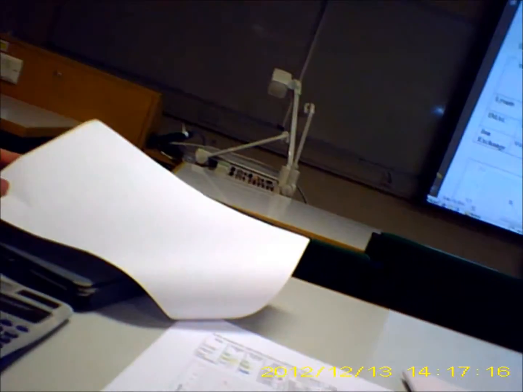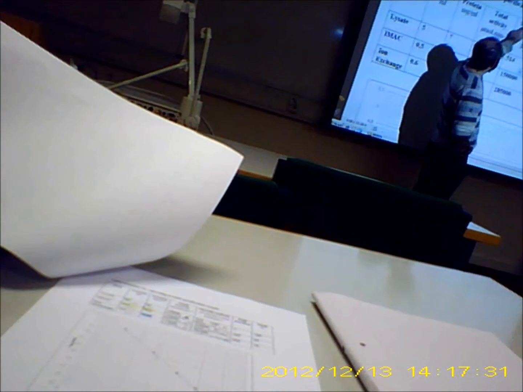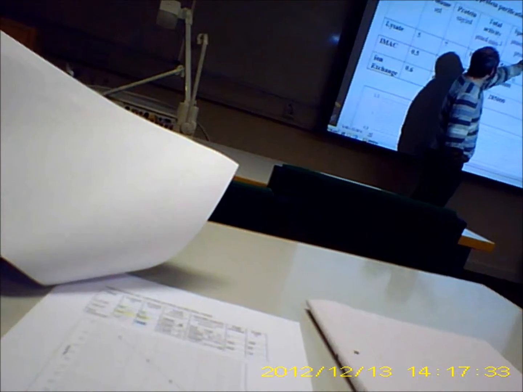So the total activity in units divided by the total protein in milligrams, given here. So the definition of specific activity is units of activity per 1 milligram of protein.